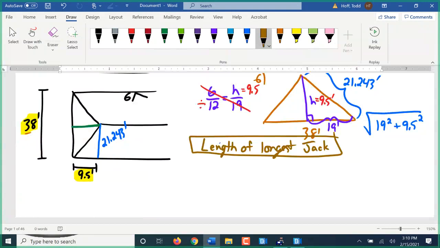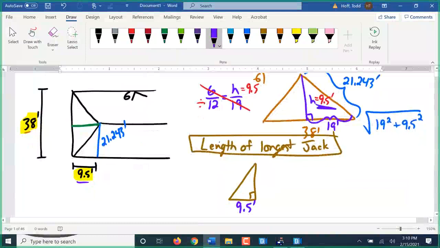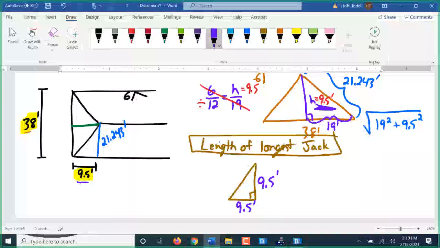So to find the length of the longest jack, that's just a right triangle like that. And what I know about it is I know the setback, 9.5, that's the bottom of it. And the height is the same as the common rafter up here. It's also 9.5. To find the length of that jack, what do I have to do?